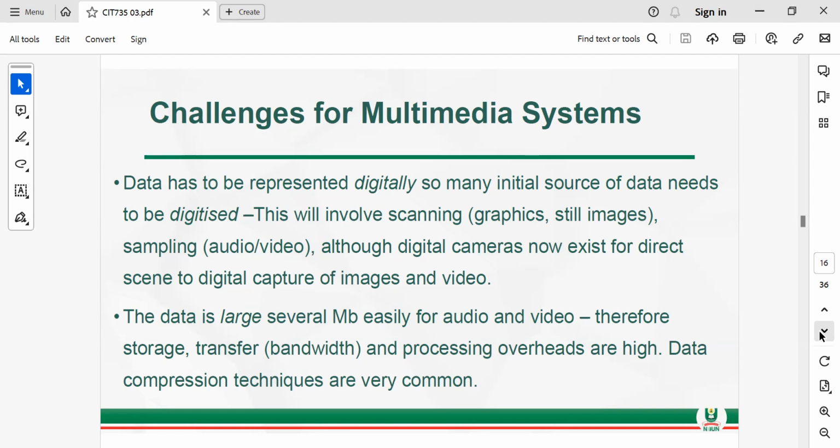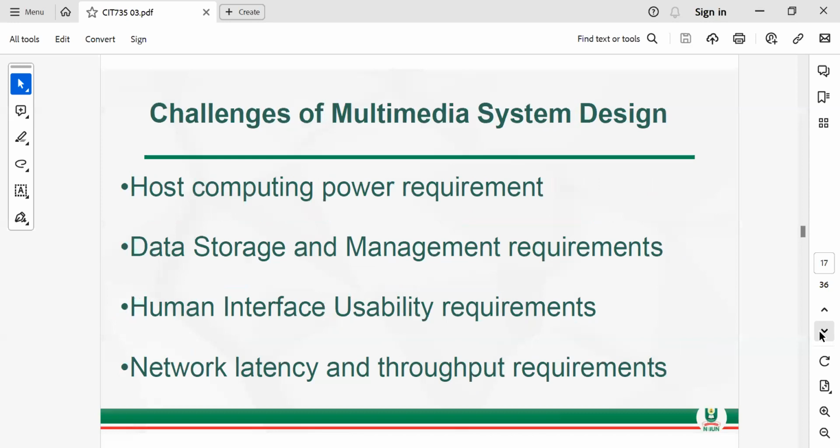Data compression techniques are now common. And these data compression techniques are algorithms that will pick very large files, compress them, and make them look very small so that they can fit through the medium and be moved over your channels of communication. Then you also have the host computer power requirement.